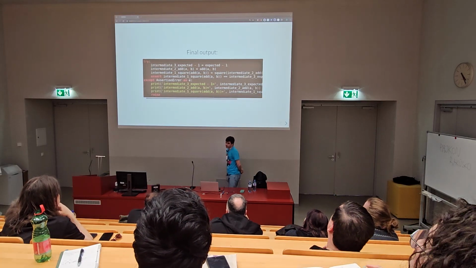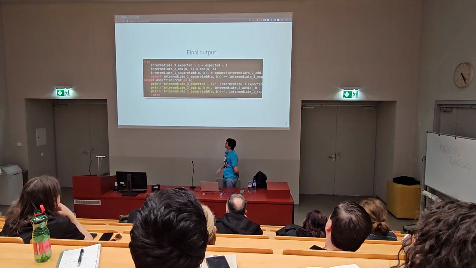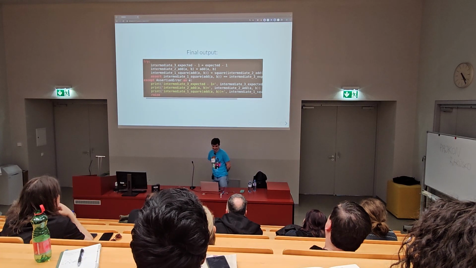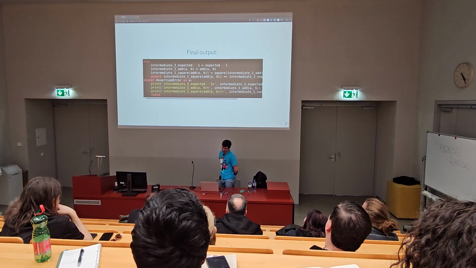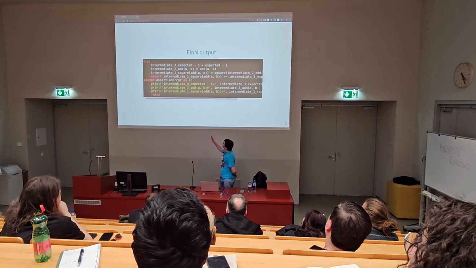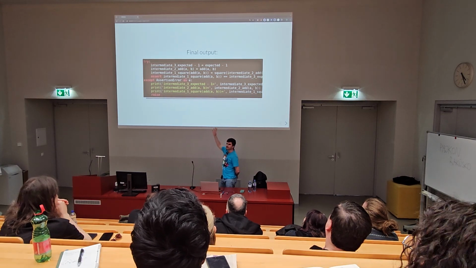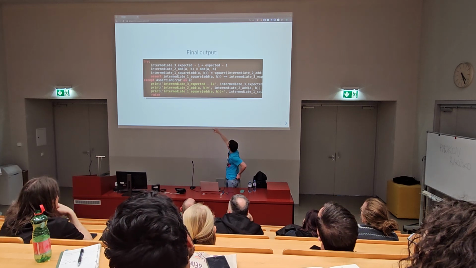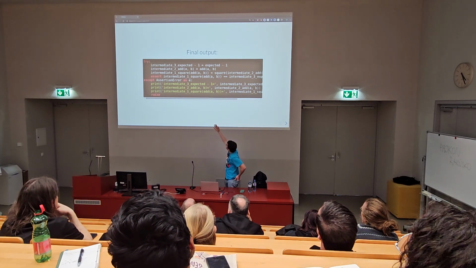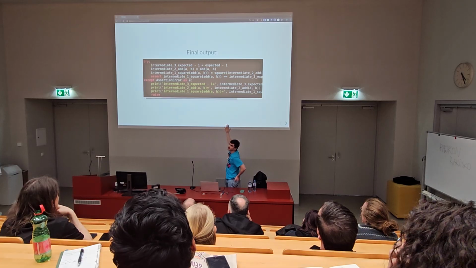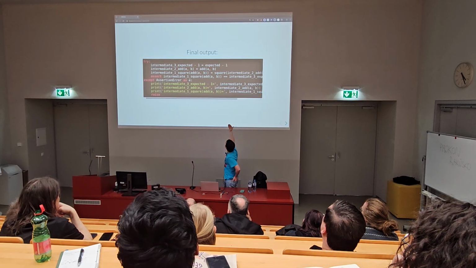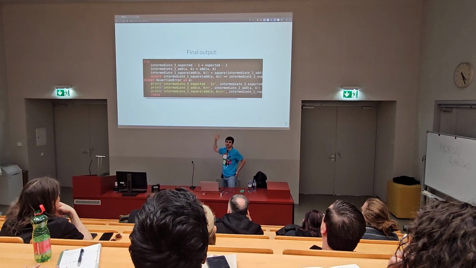So the final output is this. This is not exactly what I promised on the slide before, but please accept it. If you squint a little, this output seems odd because of the variable name thing. If you look at the assert, it looks like intermediate 1 square is a function call on add AB, but that's not actually what gets executed.